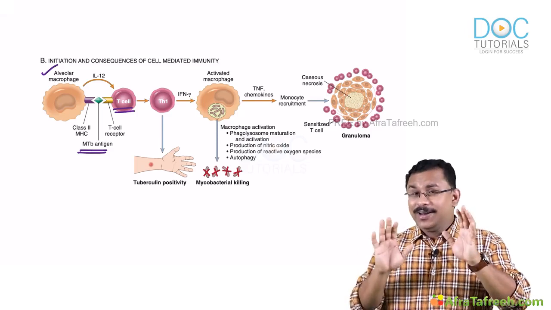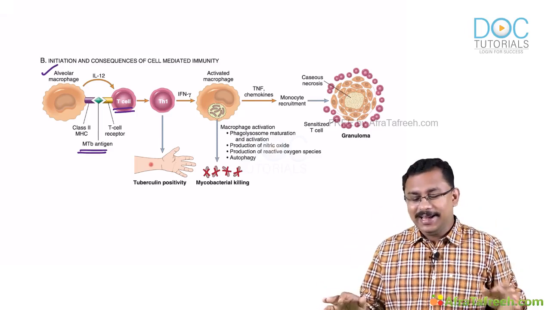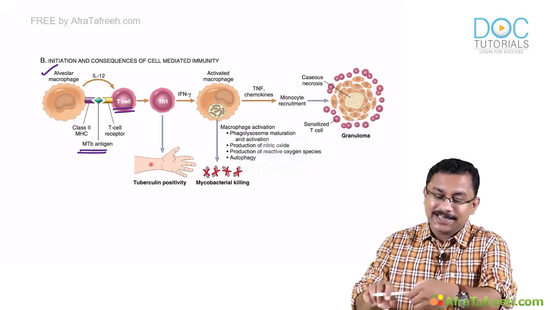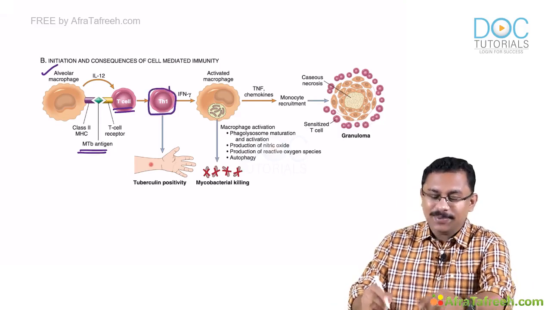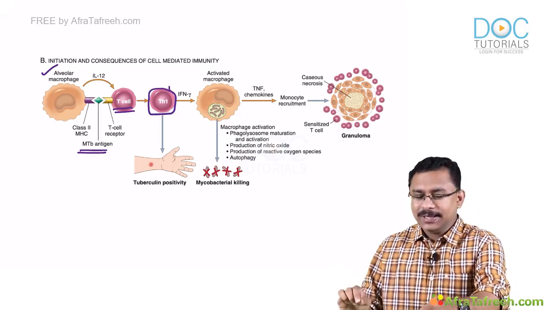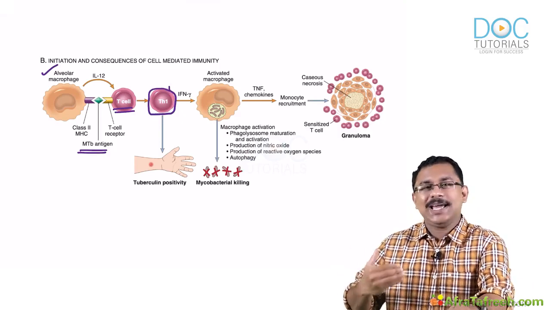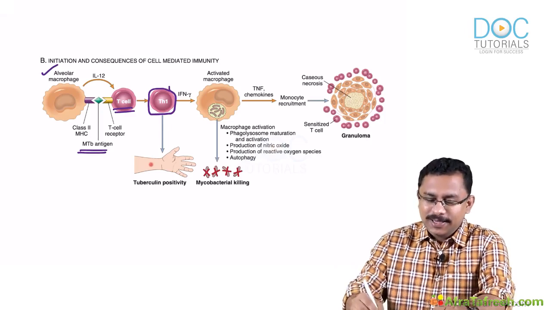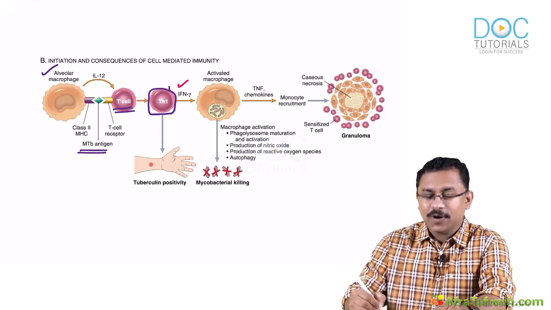Your cell mediated immunity is very important here, and when the T cells are activated, especially it is the Th1 subtype, T helper cell 1 subtype, that becomes activated. When the Th1 subtype gets activated, it results in the release of cytokines like interferon gamma.